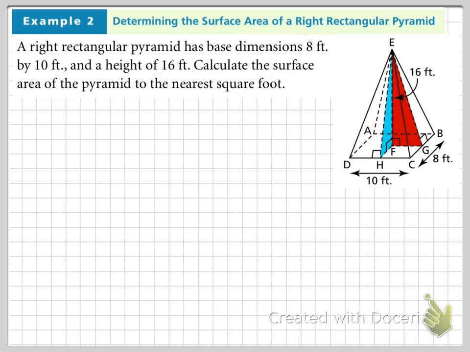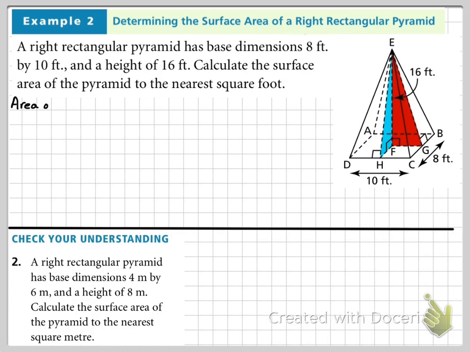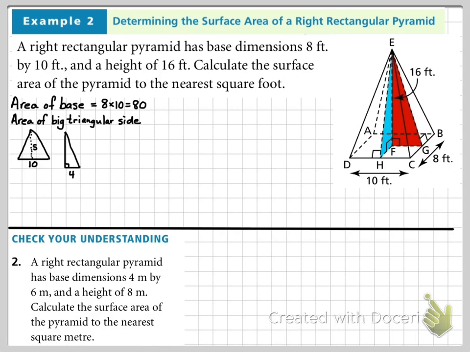Now it's kind of tricky to figure out the area of one of the faces. When we look at the first one, we're going to say the base, first of all, is 8 by 10, or 80. Then the area of the big triangular face has a base of 10 and a slant height of s.